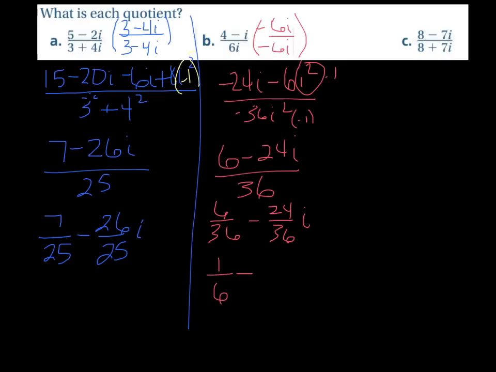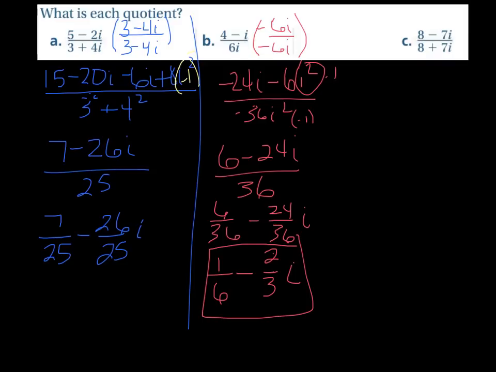Minus, if I divide both of these by 6, I would get minus 4/6, which is really 2/3, times i. And there's my complex number.